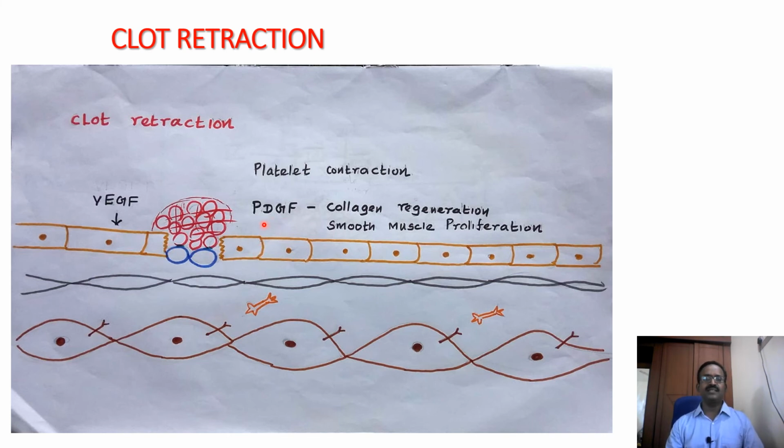It also releases platelet derived growth factor from the platelets. It produces collagen regeneration for the damaged collagen and smooth muscle proliferation for the damaged smooth muscles, and vascular endothelial growth factor acts on the vascular endothelium for wound healing.